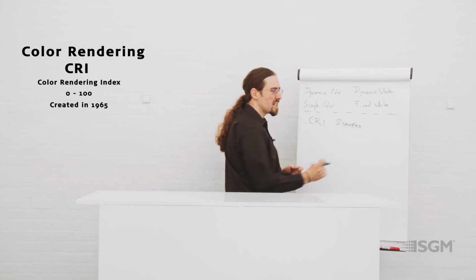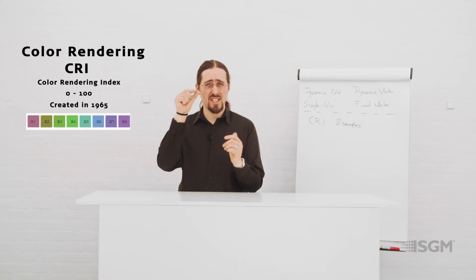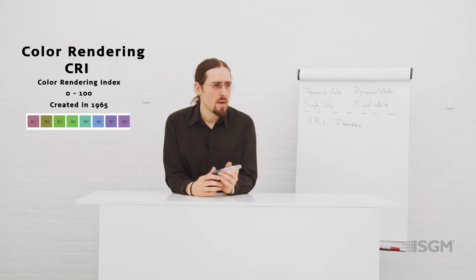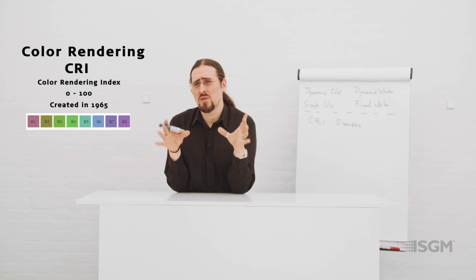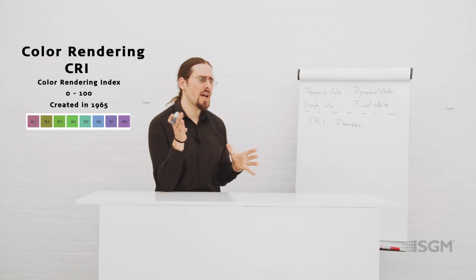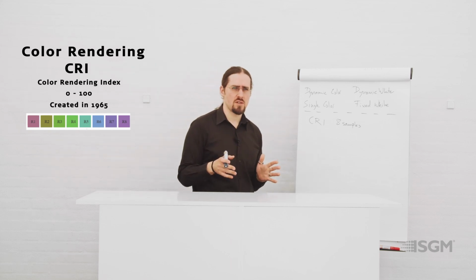So basically, it's like having a card where you have these 8 different colors, all of them saturated colors, because at the time the CRI was designed, it was not thought that saturation would be a parameter used in the following years. And that's why the CRI does not focus on saturation.